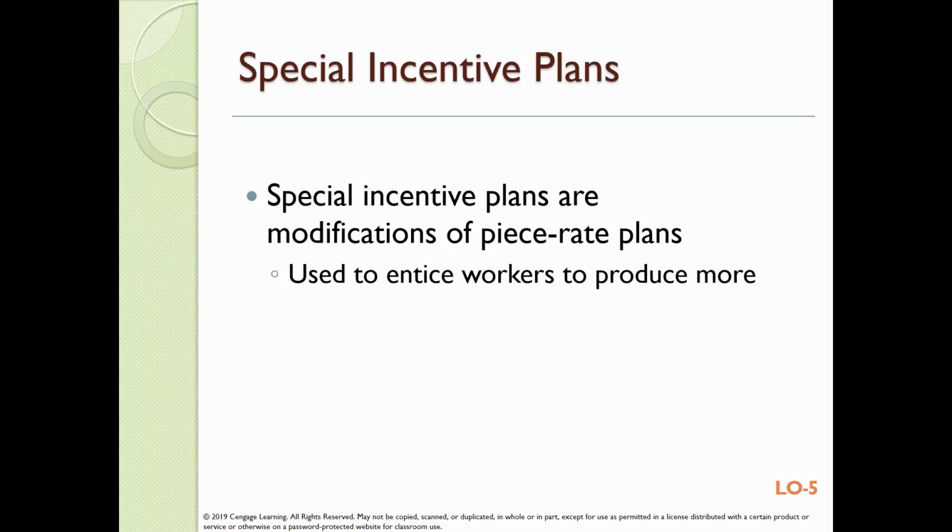Okay, the last big topic in this chapter is special incentive plans, and the bottom line is, I can really pay my people any way that I feel best meets my financial needs and incents my people to perform in a way that makes sense.